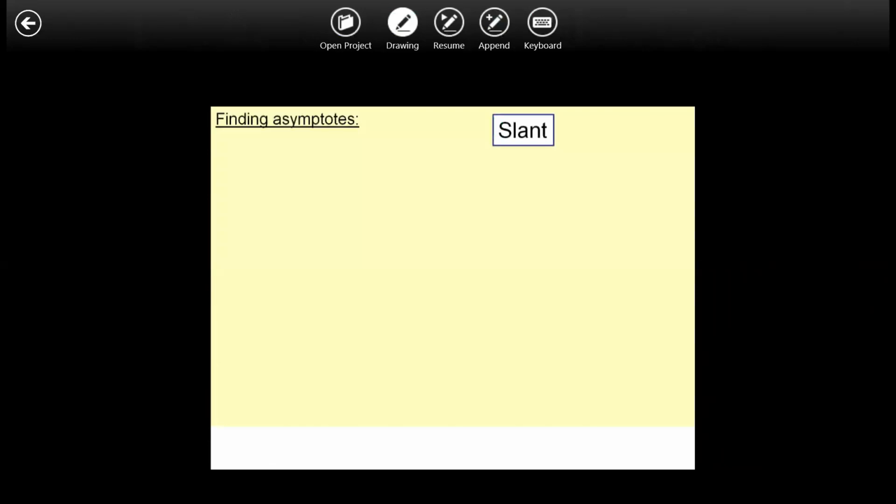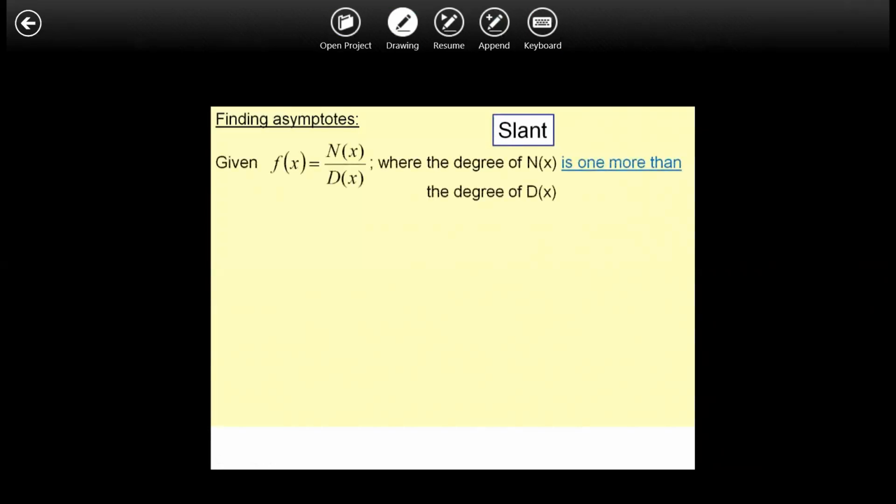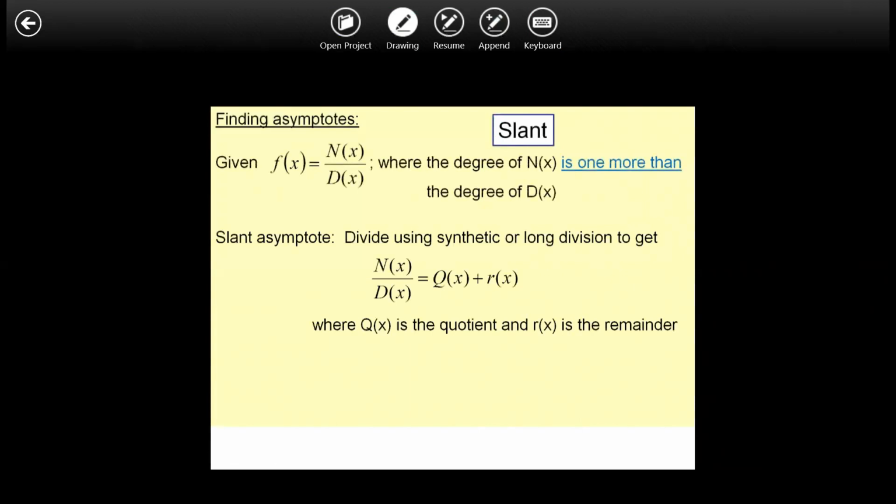Now, here we go. For our slant scenario, in the event that I give you large over small, this is for a polynomial that's 1 degree more than the degree of the denominator. And these are the type of problems I'm going to give you.